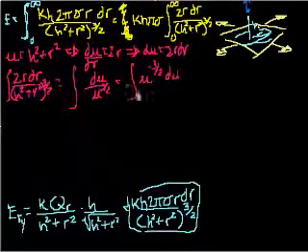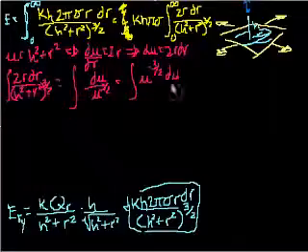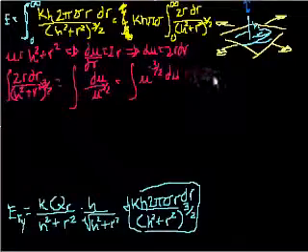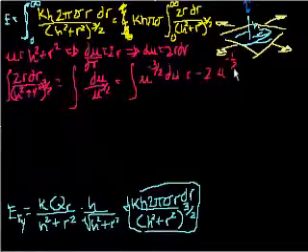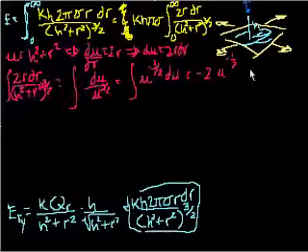This is just kind of reverse, I guess you would call it, the exponent rule. So that equals minus 2 u to the minus 1/2, and we can confirm, right? If we take the derivative of this, minus 1/2 times minus 2 is 1, and then subtract 1 from here, we get minus 3/2. And then we could add plus c, but since we're eventually going to do a definite integral, the c's all cancel out.